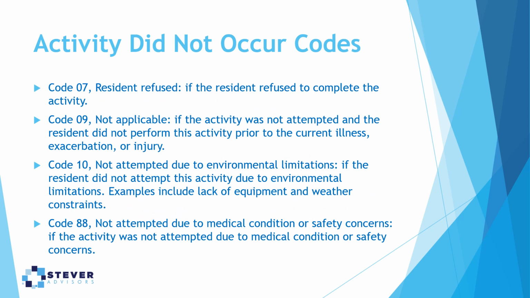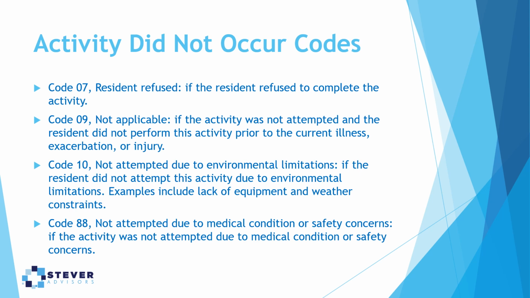There are several different types of activity did not occur codes. They are 7, resident refused, if the resident refuses to complete the activity. 9, not applicable, if the activity was not attempted and the resident did not perform this activity prior to the current illness, exacerbation, or injury.